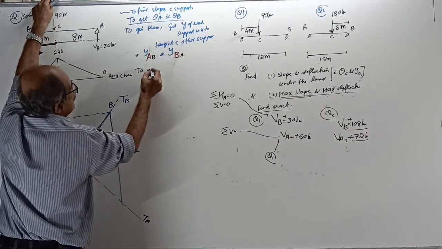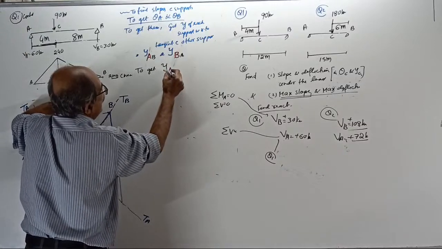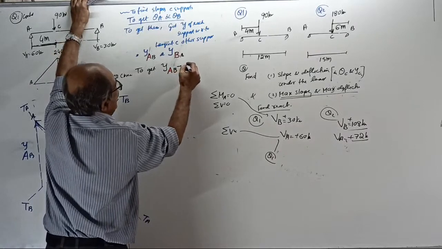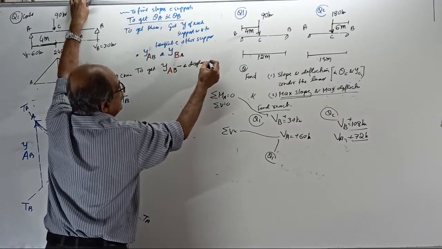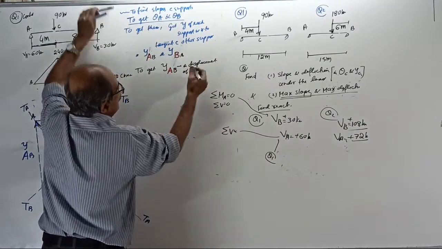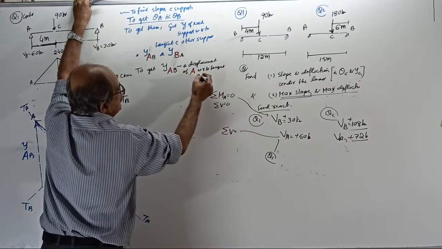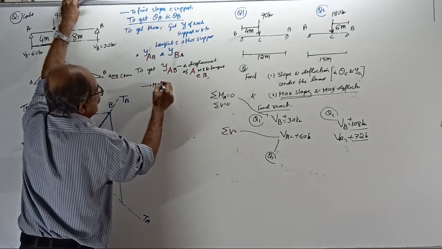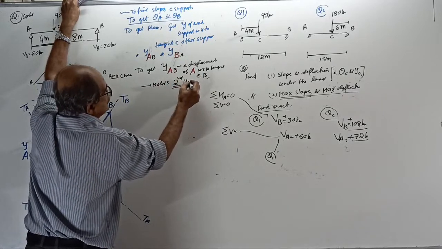To get y of A with respect to tangent at B, right here, you write displacement of our point A with respect to tangent at B. Apply Moore's second theorem, not first theorem, second theorem.